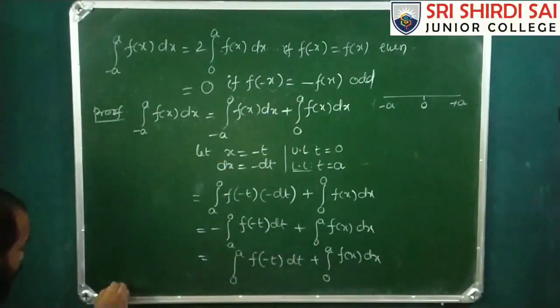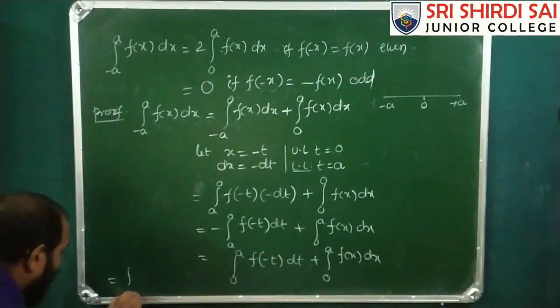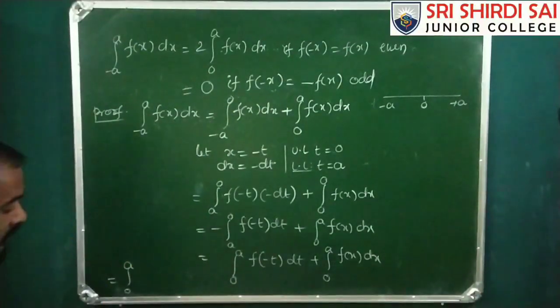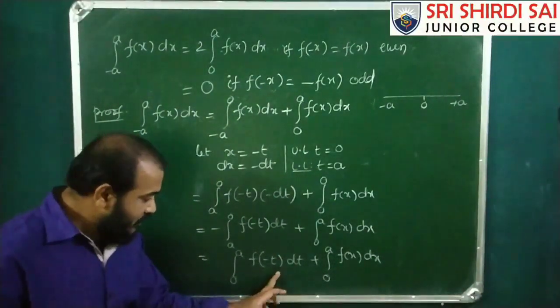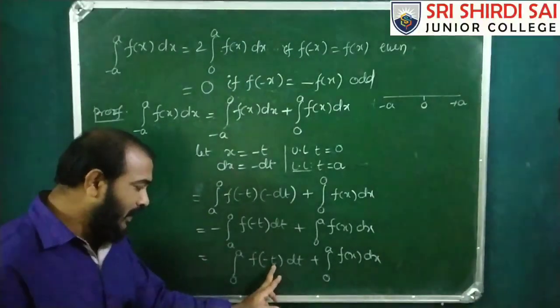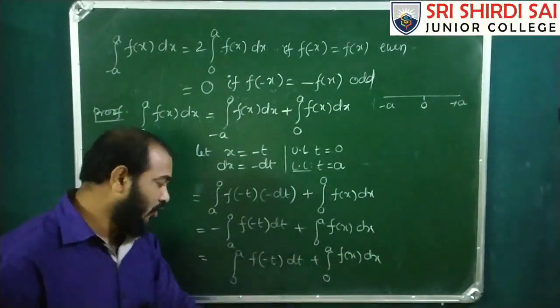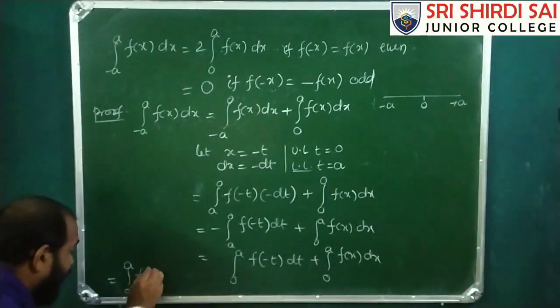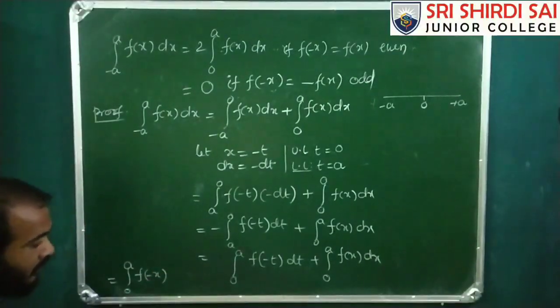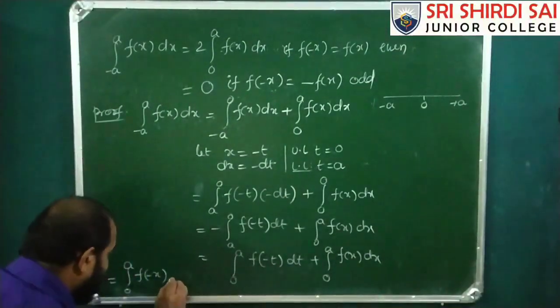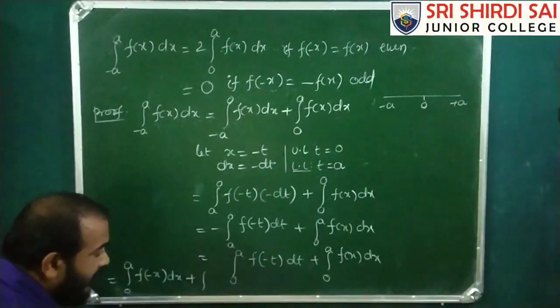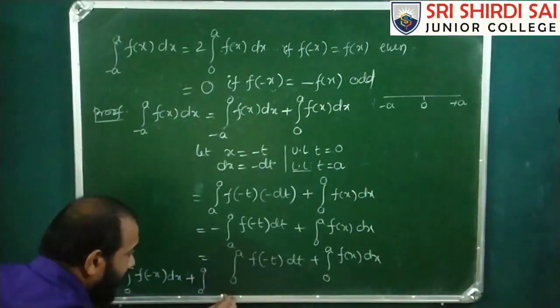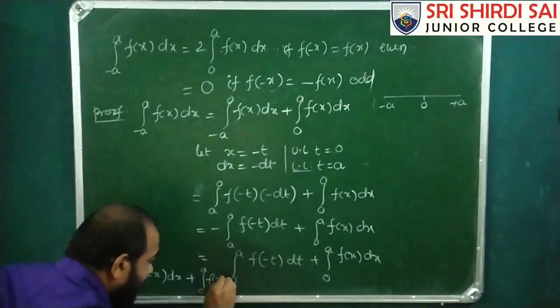Then this is equal to 0 to a this f(minus t) dt. So since t is a dummy variable, t can be replaced with x also. So f(minus x) dx plus integral 0 to a f(x) dx.